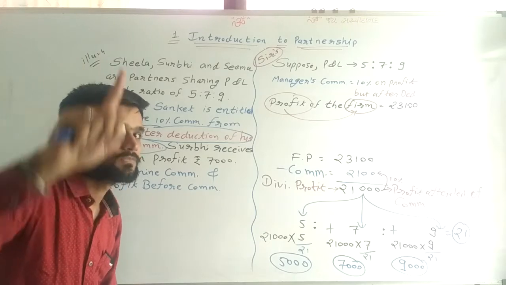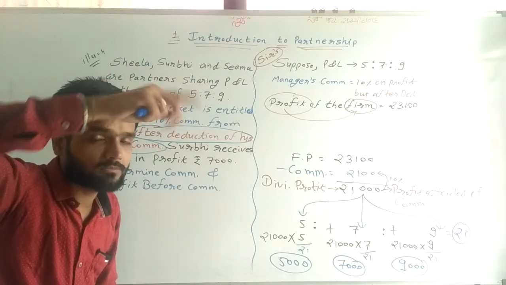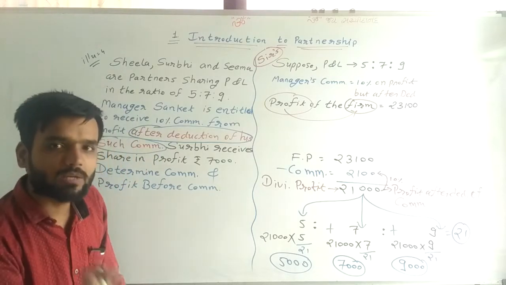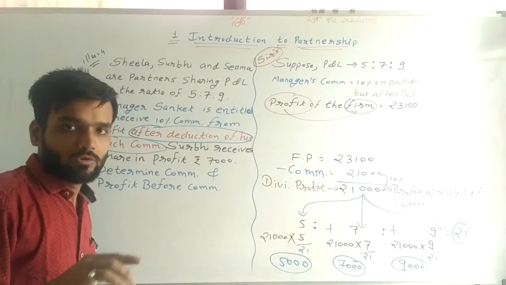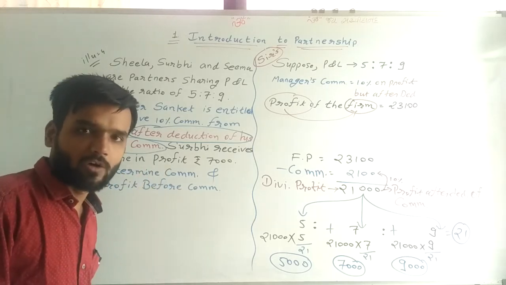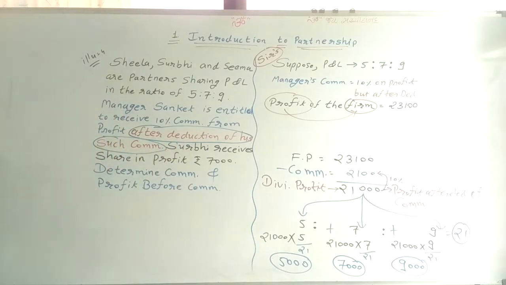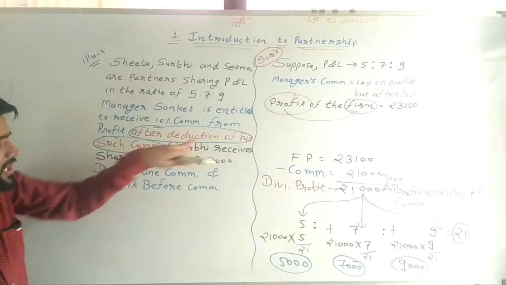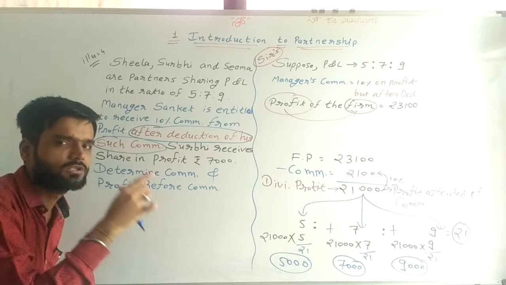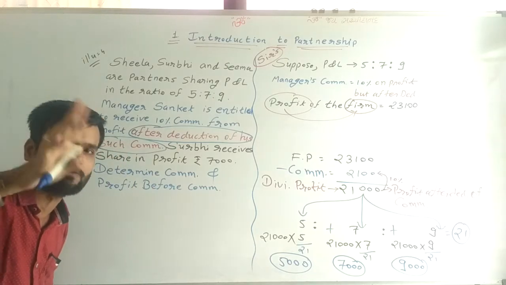First formula, firm profit given or divisible profit given. Now, from those two formulas we are using one formula, because the words after deduction of his such commission are given to you. It means from those two formulas we are using one formula.